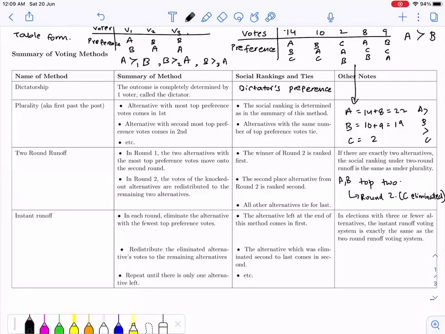Again, you eliminate the one alternative that came in last, and continue with more rounds of plurality until you only have one alternative left. And the order in which they are eliminated would also determine the social ranking.